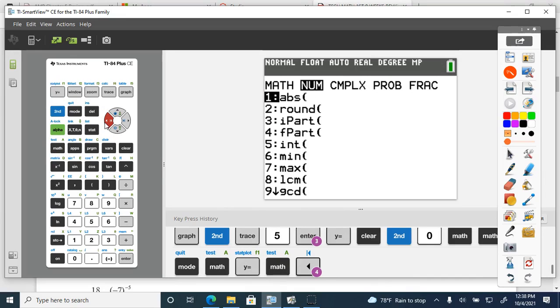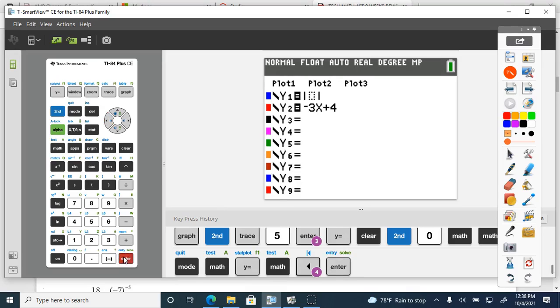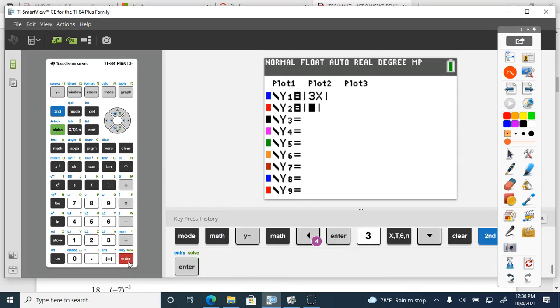So either way you get there does not matter. So absolute value of negative 3x on the left, and then the second one, absolute value of 2x plus 10.